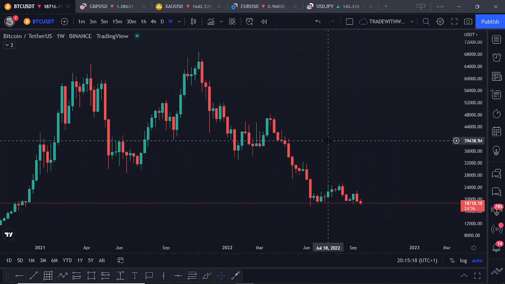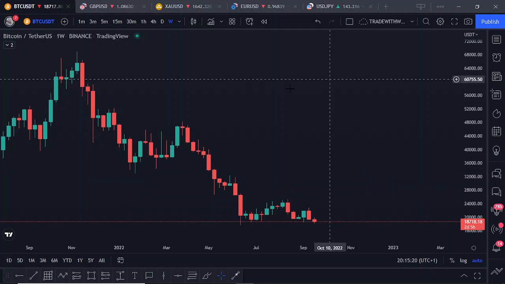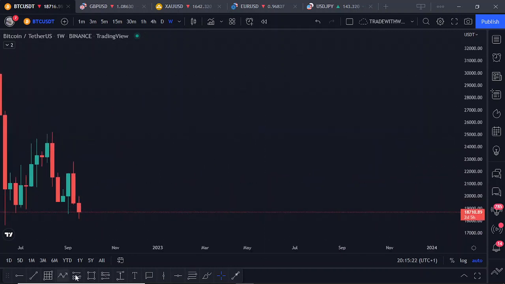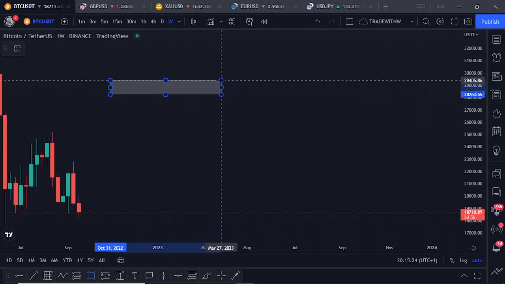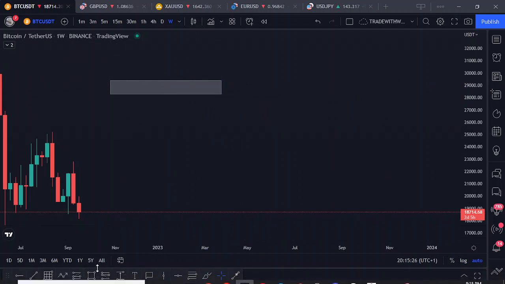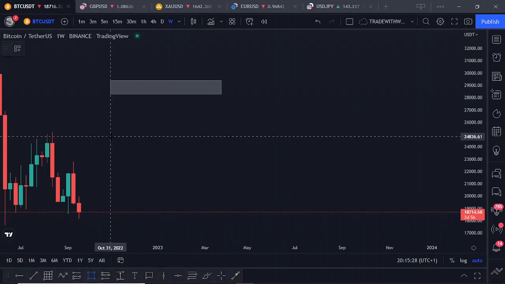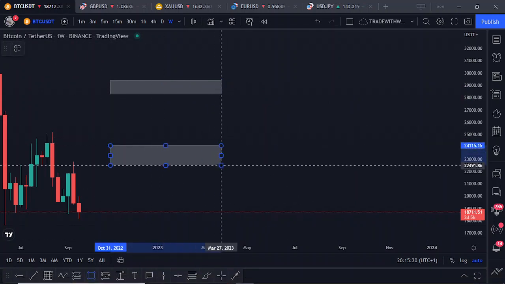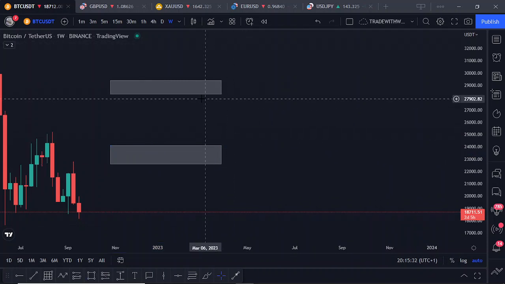Fine. Now, how do you identify the demand and supply? Every trader in the markets wants to buy low, sell high, though there are some strategies that allow you to buy high and sell low.